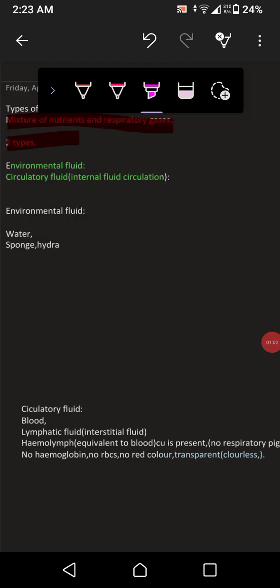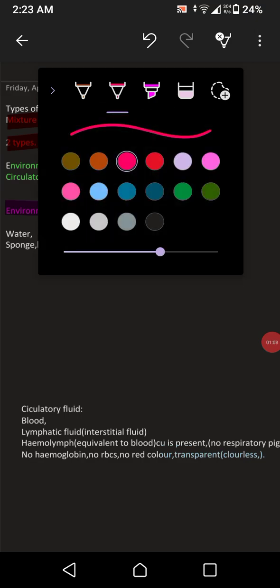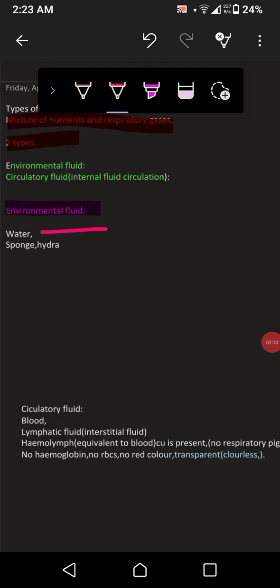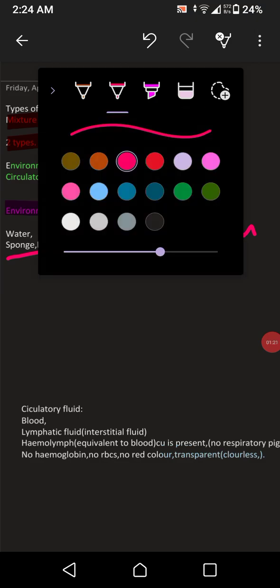First of all, we'll discuss the environmental fluid. The main component is water. It is the main component of the environmental fluid, and the examples are sponge and hydra.